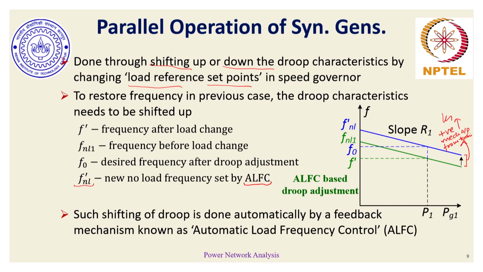But anyone who is enthusiastic about or keen to learn more about this control loop, which helps in shifting the droop characteristics and in a way maintaining system economics in addition to economic dispatch, please feel free to refer advanced textbooks or reference materials wherein you can find the dynamics involved behind automatic load frequency control or generation control.